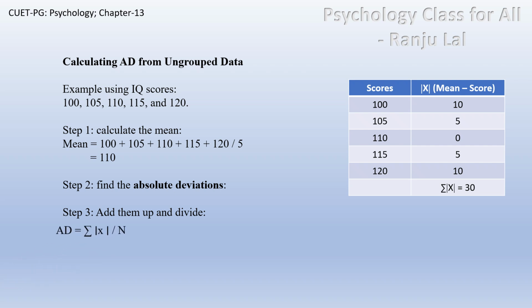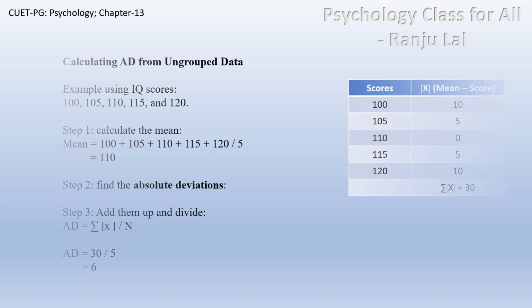Now the next step is adding them up and dividing. Putting in the formula, AD equals summation modulus x divided by n. Here the total of deviated x is 30, divided by 5, and the answer is 6. So the average deviation is 6. This means on average a score deviates 6 points from the mean IQ.